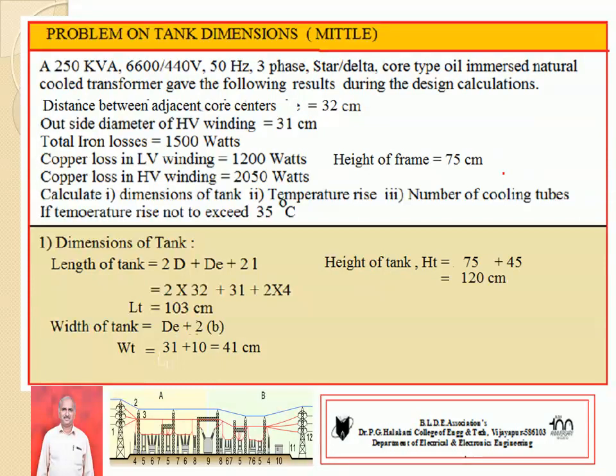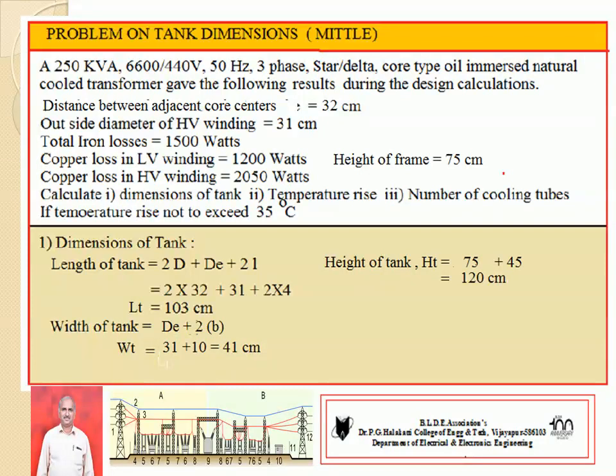So we have already seen how to design the dimensions of the tank. You observe the given type of transformer is 3-phase. Then the length of the tank is 2 times D plus DE plus 2 times L. As per the rating of the transformer, clearance is 40 mm, that is 4 centimeter, we have to select.